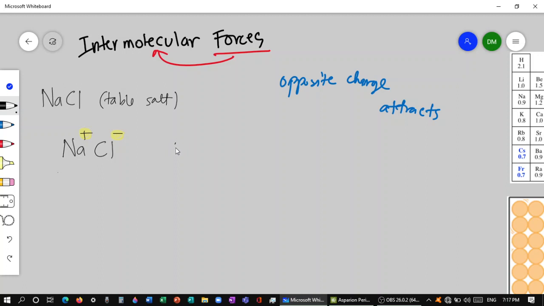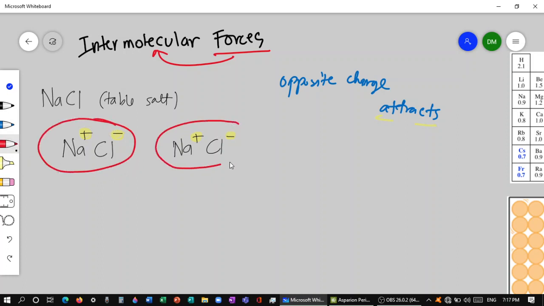Now let's say we have another NaCl here. Again, the same process: Na becomes positive and Cl becomes negative, and they have opposite charges, so they will be attracted to each other. How about these two molecules here, this NaCl and another NaCl?